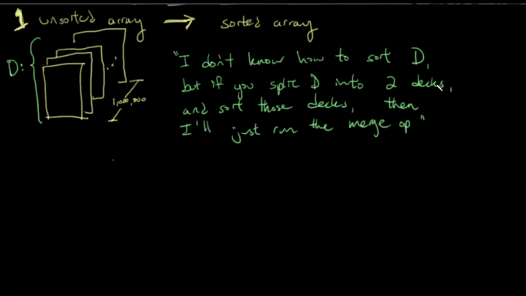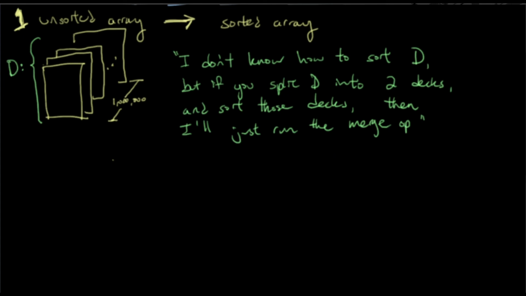And so now our problem just got reduced a little bit. Whereas before our problem was to sort this deck of 1,000,000 cards, now our problem is how do we sort two partitions, or two separate decks of cards?